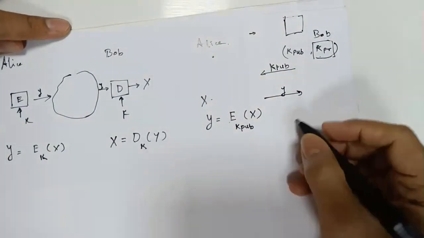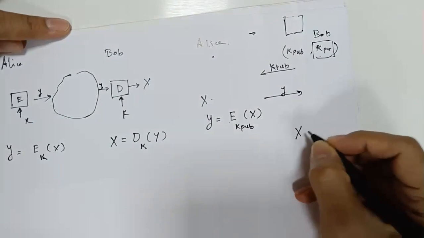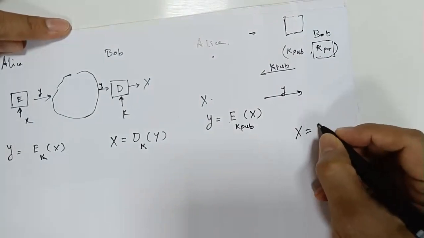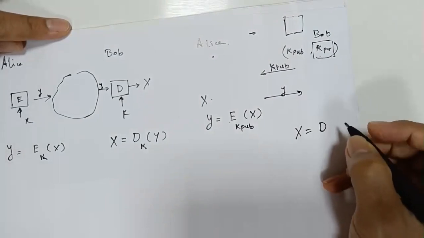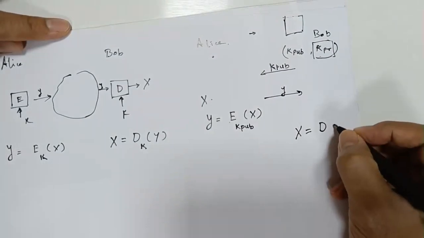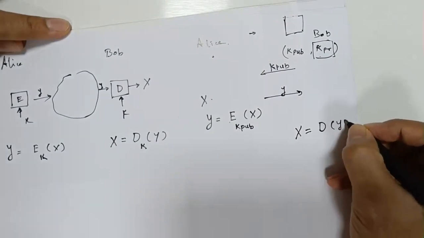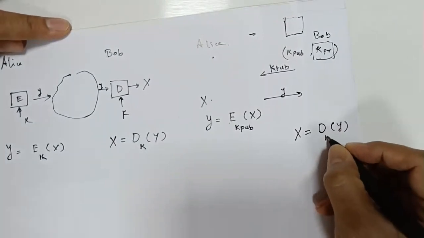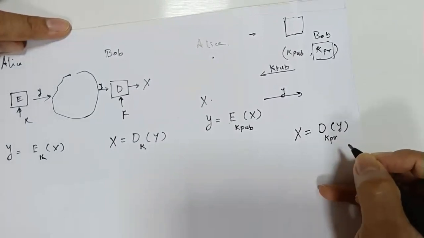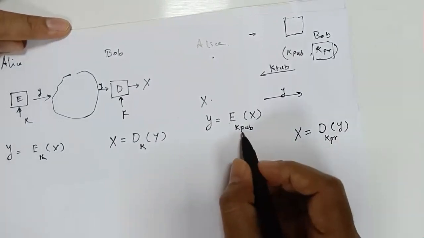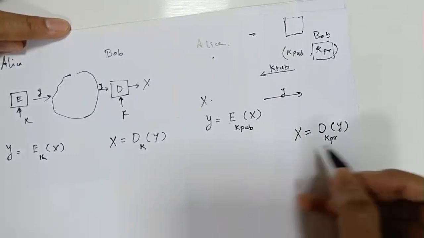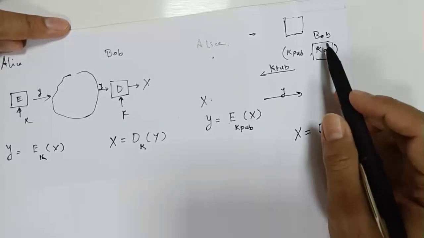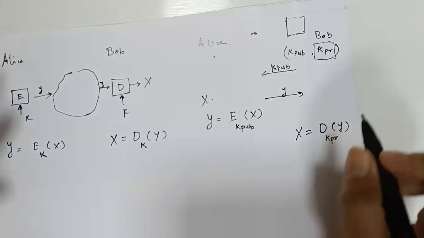So how will Bob do it? He will produce X using the decryption algorithm on the ciphertext, but he will use KPR, that is the private key. He will not use the public key. The same key will not be used. This is how the original message will be decrypted by Bob.